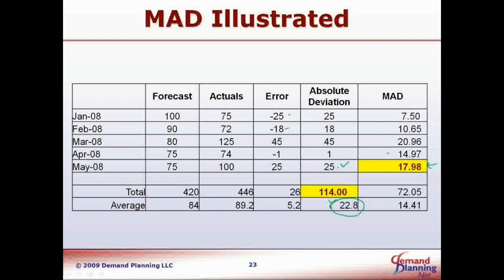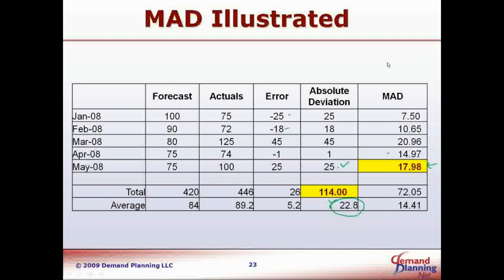But for SAP, that's not the MAD. The MAD changes every month. So the MAD that you look at in May would be 17.98, and that MAD is computed based on 30% of this and 70% of this 14.97. That's what they compute as MAD. It weights only 30% of the last observation, so in some sense it doesn't overstate the MAD based on the last observation being either too high or too low.